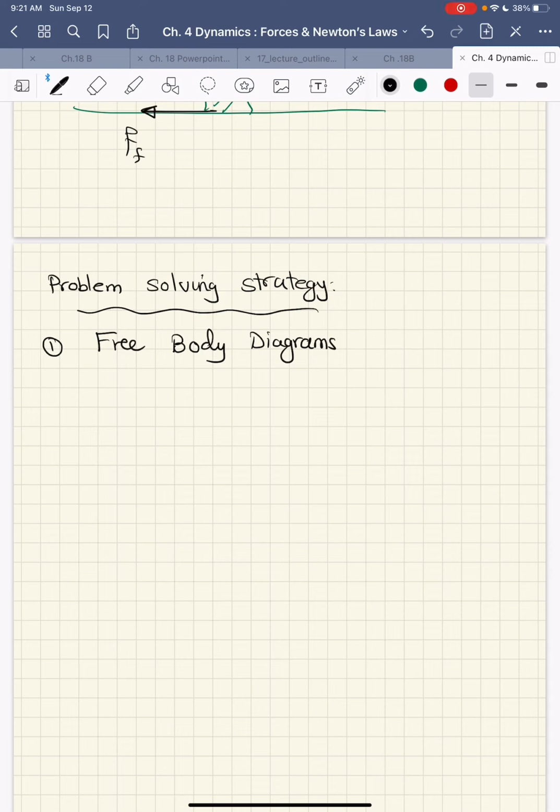The second one, you're going to apply Newton's laws. Sometimes you need to apply Newton's first law only, sometimes second, sometimes first and second, sometimes first, second and third. It depends. Now you are going to form equations.